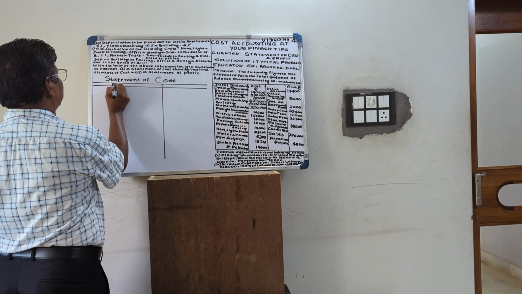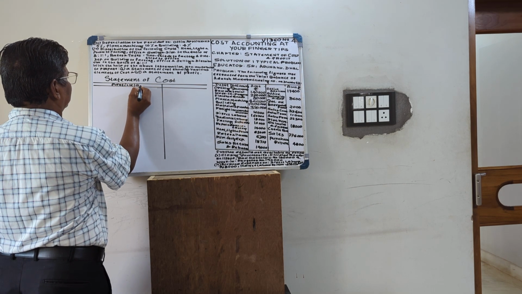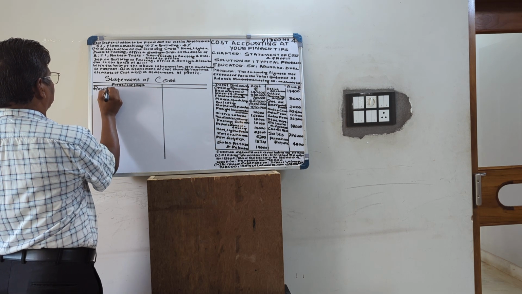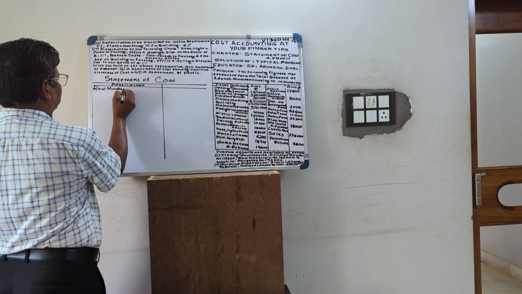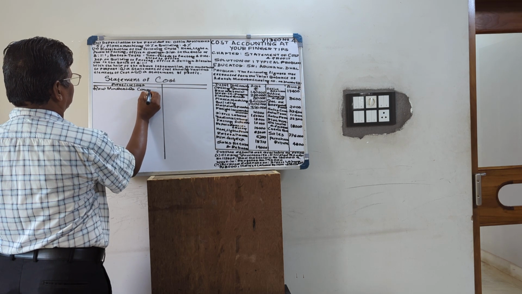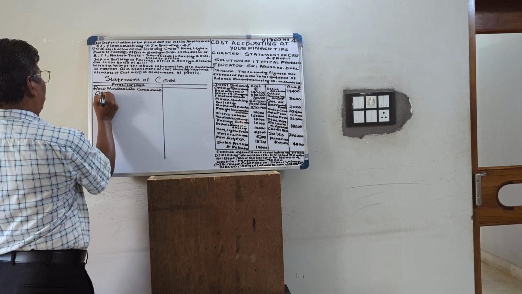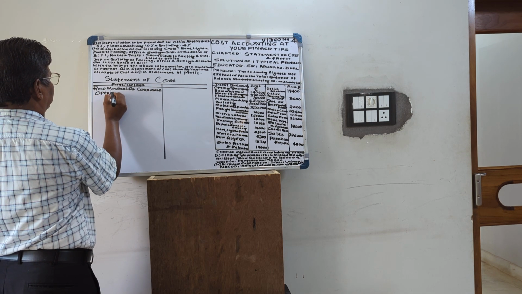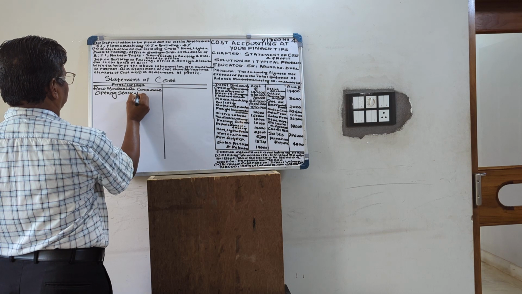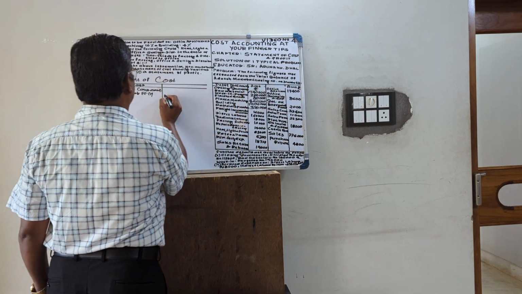Under particulars, we will calculate raw material consumed cost. First is opening stock of raw material. It is given 1,40,000.